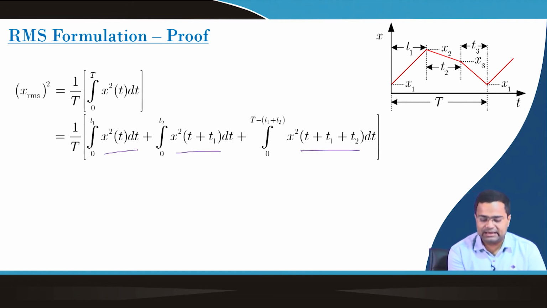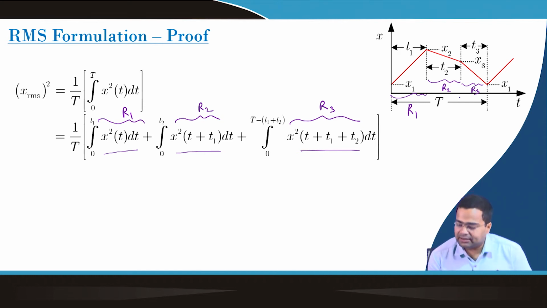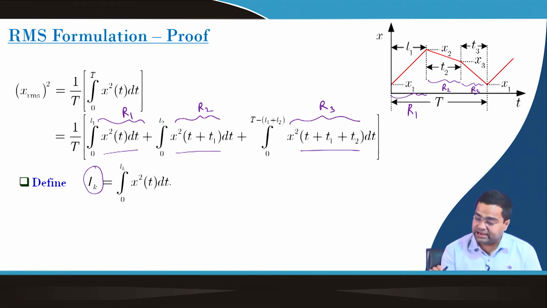So now each region like R1, R2, R3, that means this particular equation corresponds to R2 and this corresponds to R3. We are talking about this region to be R1, this region to be R2 and this region to be R3. Here if we take a generic expression, for a generic region the integral is 0 to tk, x square t dt.